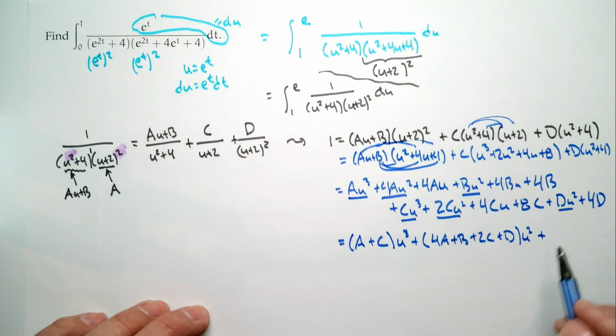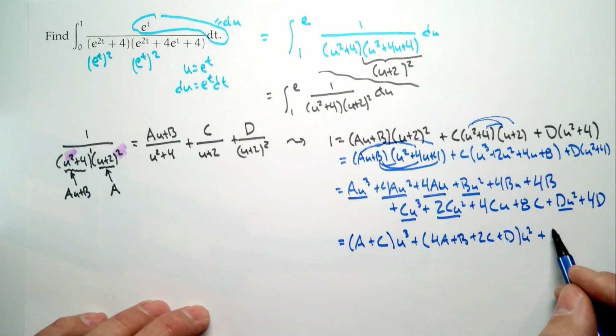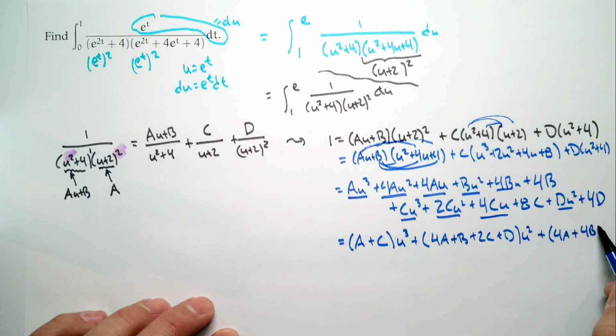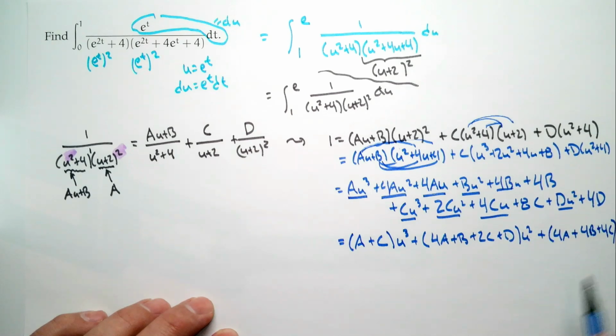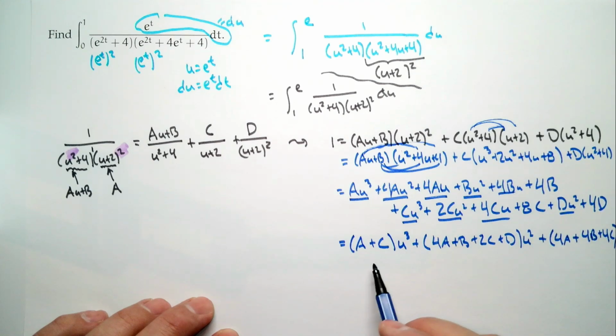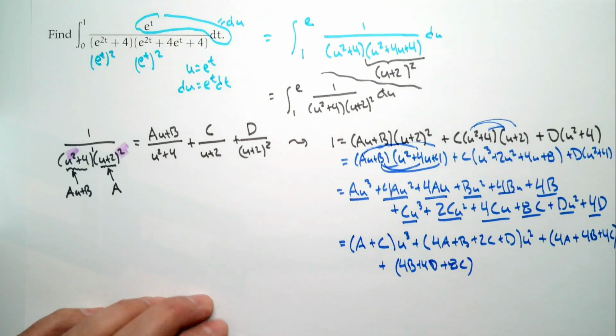And then you work up to your u. So let's see, there's 4a, there's 4b, there's 4c. I think that's it, right? Yes. U. And your constants. Well, there's plus 4b plus 4d. That's 4b and 4d. Oh, and 8c. I almost missed that one. Okay, so there you go.